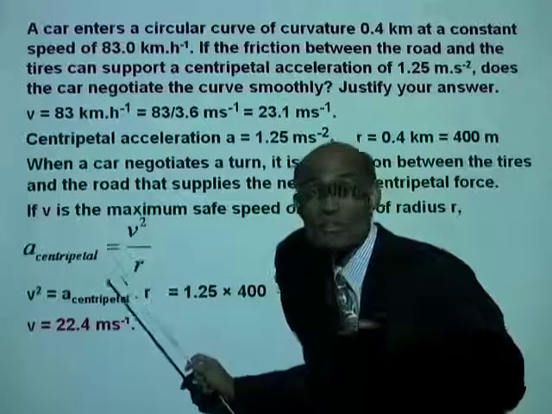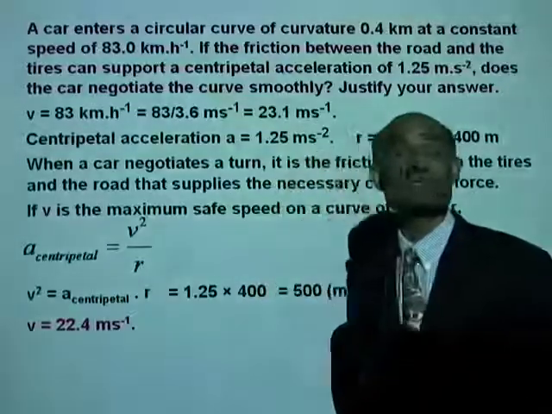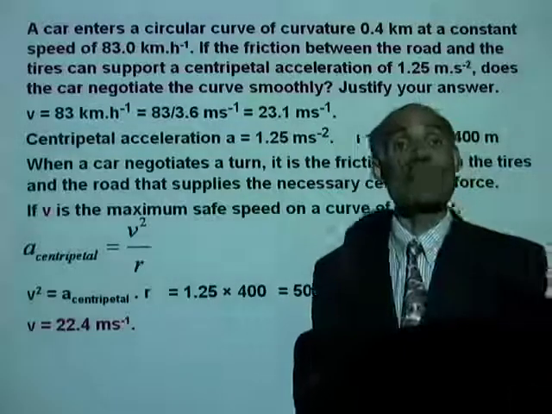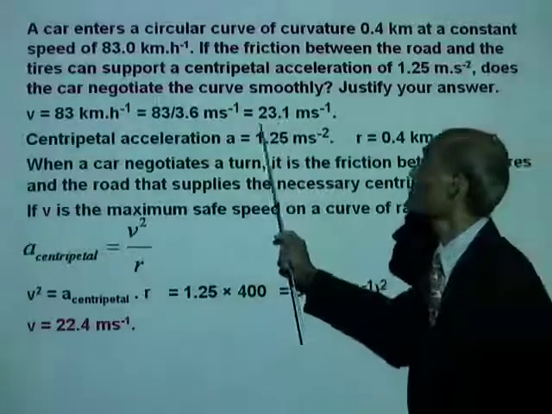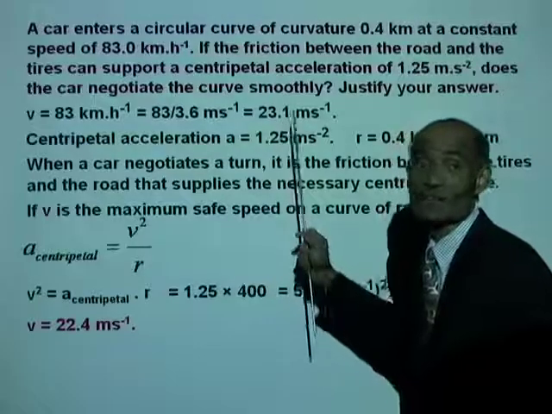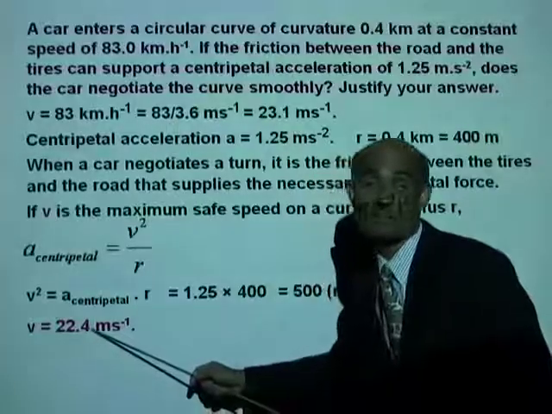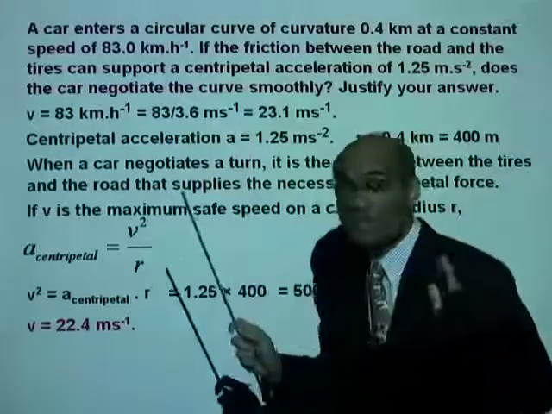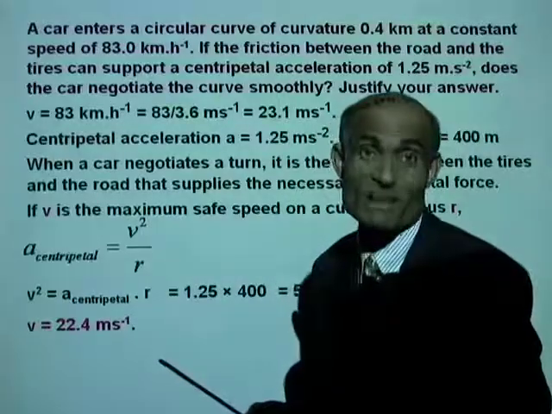And that means you can drive up to 22.4 meter per second safely on that curve. And what is the speed at the time? 23.1. Is this a safe speed? No. This is above the allowed safe speed. So you can actually be thrown away or you can skid, and that can be dangerous.